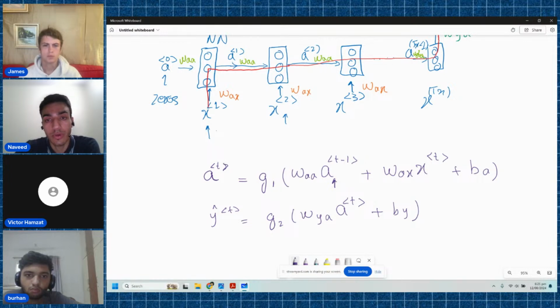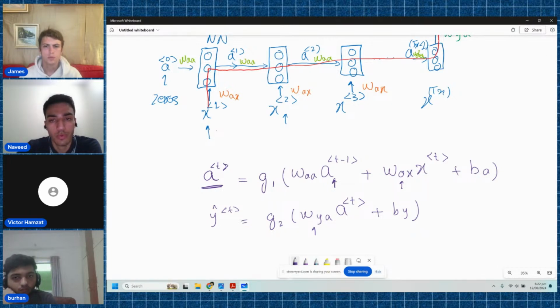In order to feed this to the network, we multiply it by this set of weights, WAX, and then there's just the bias term, which is associated with this feedback connection. And then in order to generate an output, we simply take the set of weights associated with the output, and we only take into account this AT, which is the feedback connection coming from the previous layer, and then add to it the bias term associated with the output, and that's how we generate an output. And this is literally the forward propagation step through an RNN.